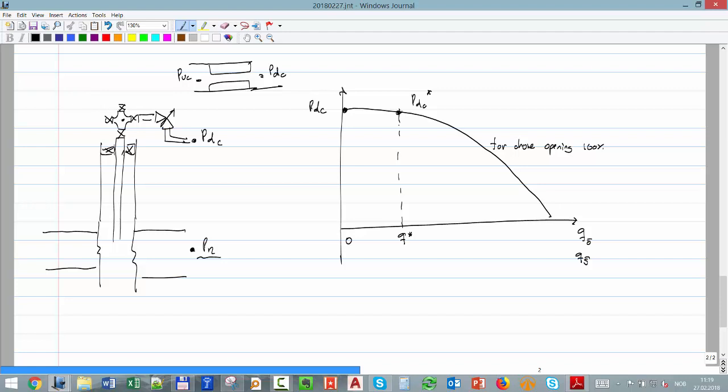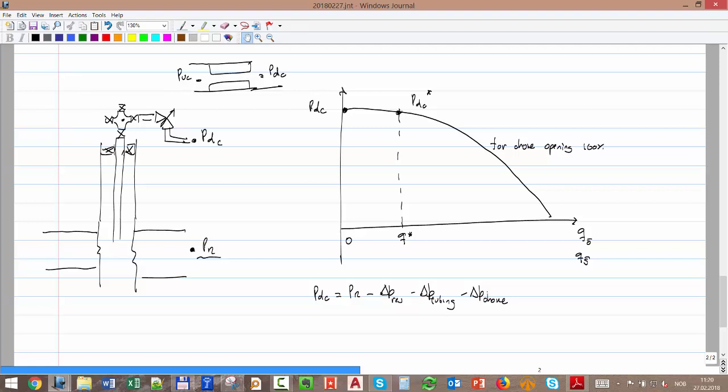To help you decide, let's see, PDC is equal to PR minus the delta P in the reservoir, minus the delta P in the tubing, the flow in the tubing, and minus the delta P in the choke, right? Is that correct? That's how I do it. I go from here, minus this one, and minus the choke.